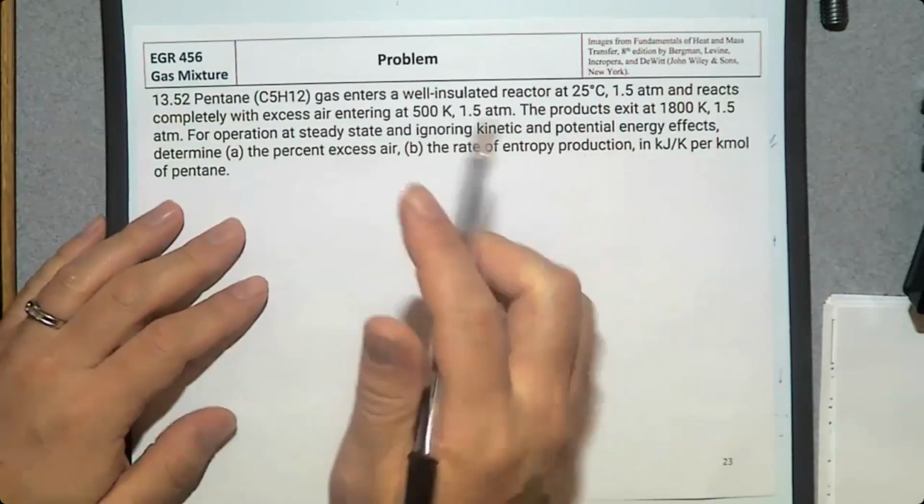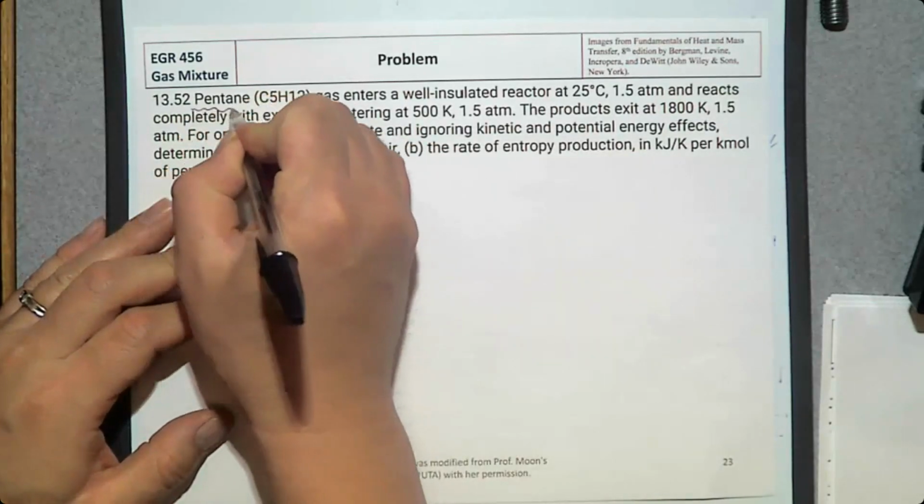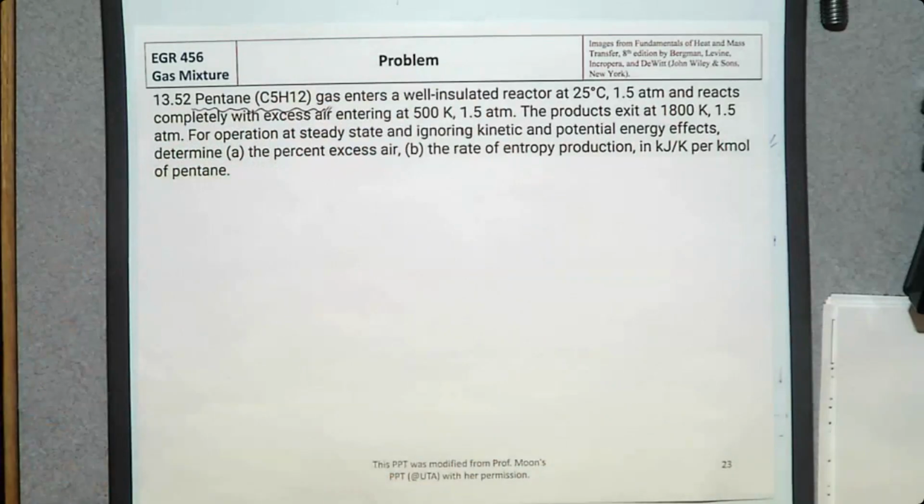So let's write down the balanced reaction equation first using 100% theoretical air. By the way, we have no idea about how much air is given in the reaction. So it could be 100%, 200%, or 300%. That's one thing that we need to calculate.